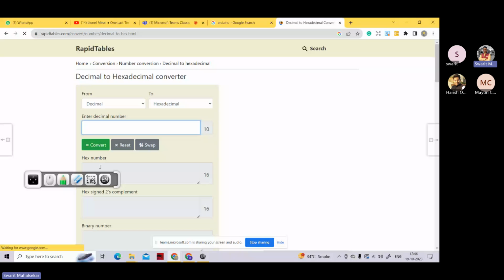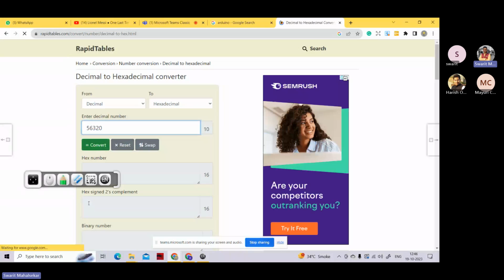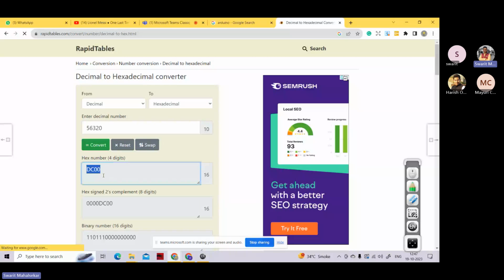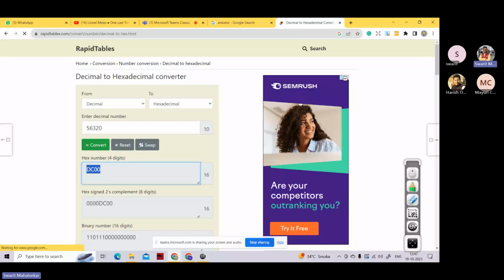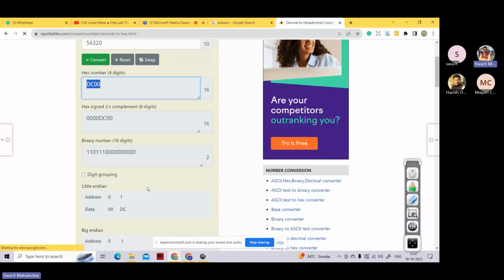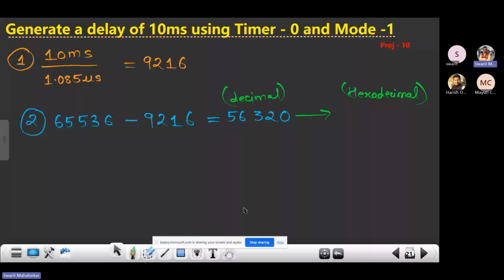Then I need to convert this value into hex, and this is the value that I will get, that is DC00. If you want, you can also see how exactly we got this. But I believe that you all know how exactly we are getting these particular values. So the value which we got is DC00.